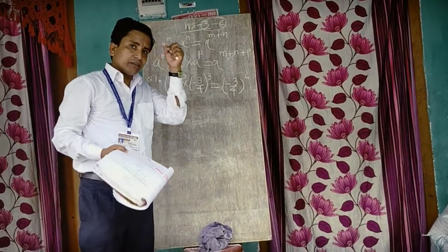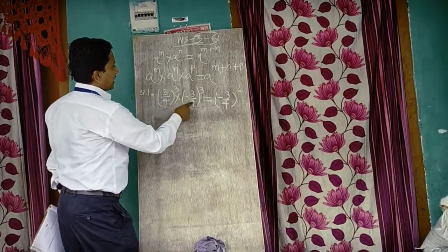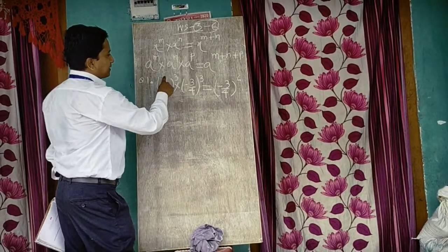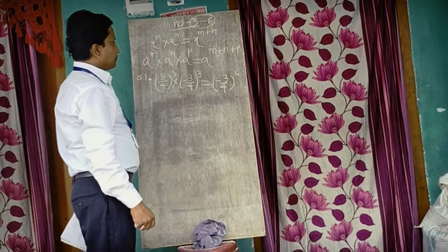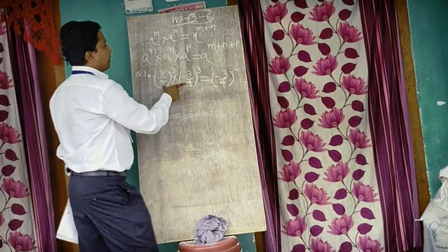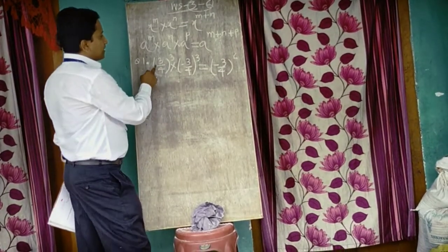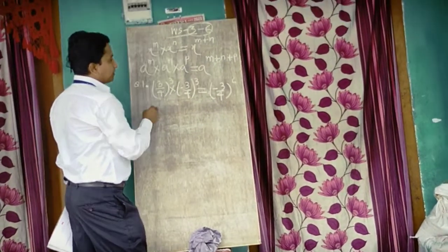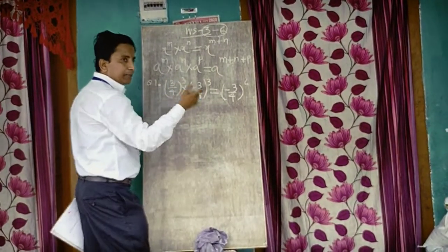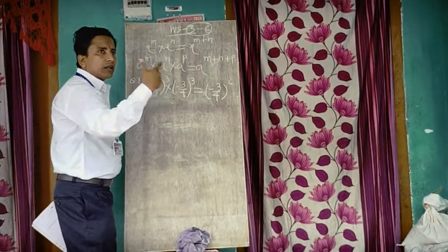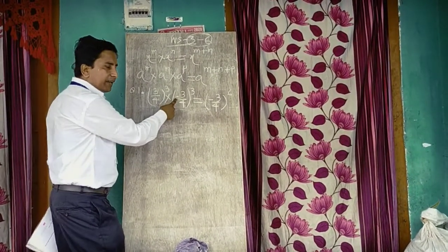Dear students, look carefully at these examples. The bases are different: here is 3/4 and here is -3/4. But when you solve these, this value is plus and this value is minus. When you multiply minus an odd number of times, the result is minus.